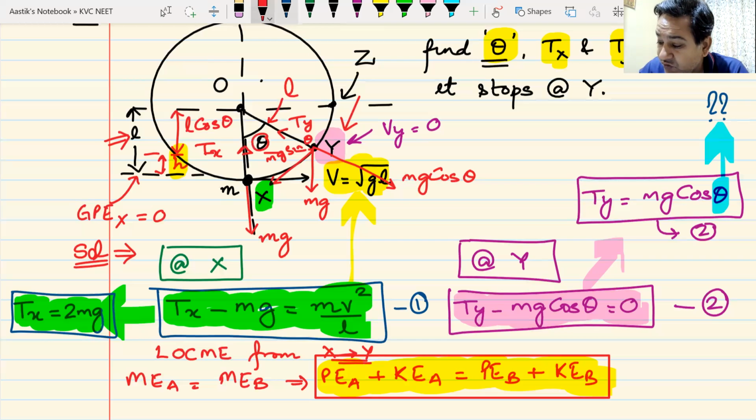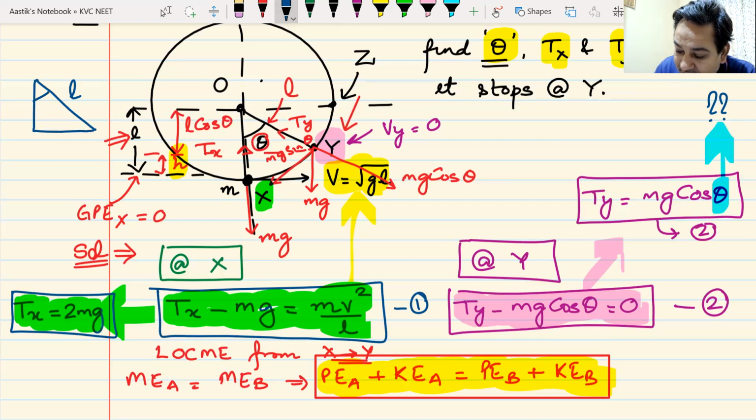If I just draw a small diagram here, on the left hand side, this length is L, this angle is theta. Go back to your first class where we studied trigonometry. This length will be equal to L cos of theta, and this length would be equal to L sine of theta.